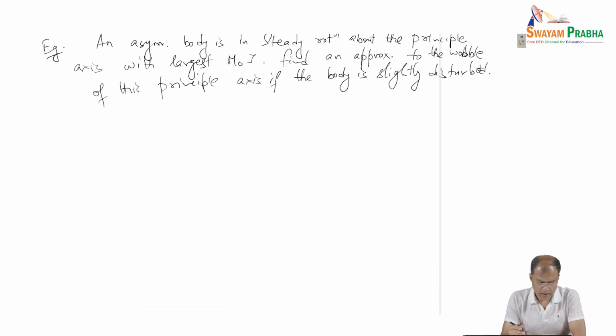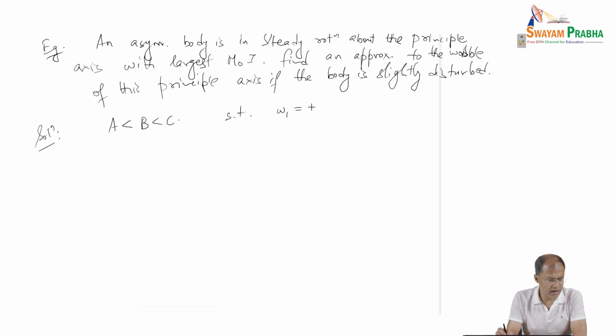Okay, so we can assume that the moments of inertia are ordered for this asymmetric body, and that the angular velocities are such that omega 1 and omega 2 are 0. So the body is purely rotating about the x3 axis, and the rate of rotation is constant, let us say with the rate capital lambda. So this is a constant.